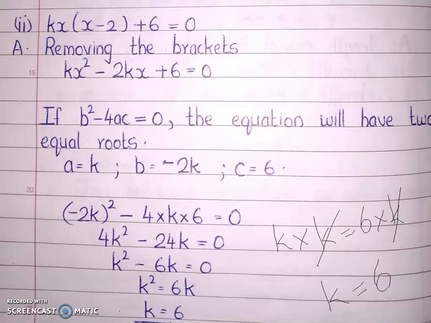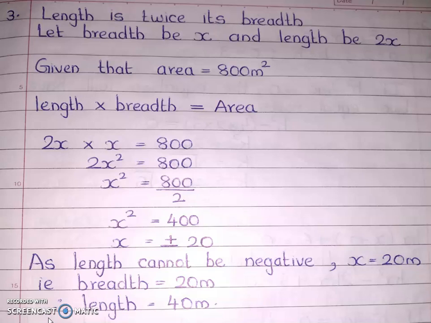Next question. Here you have a question. Is it possible to design a rectangular mango grove whose length is twice its breadth and the area is 800 meters square? If so, find its length and breadth. So, you are talking about a rectangle grove, mango grove.